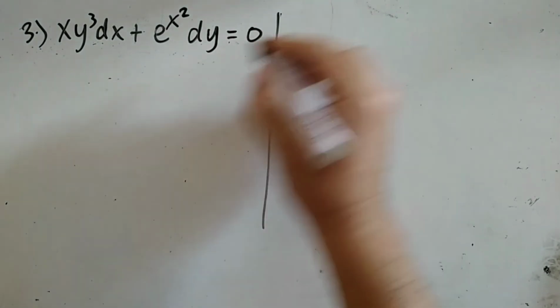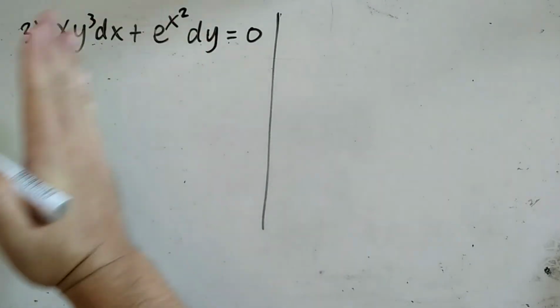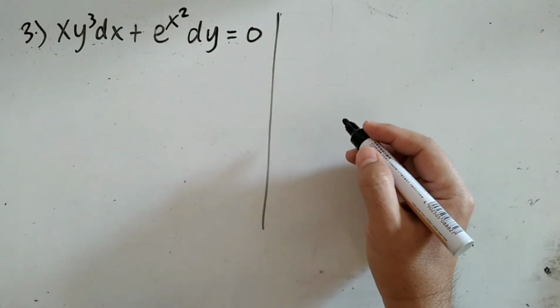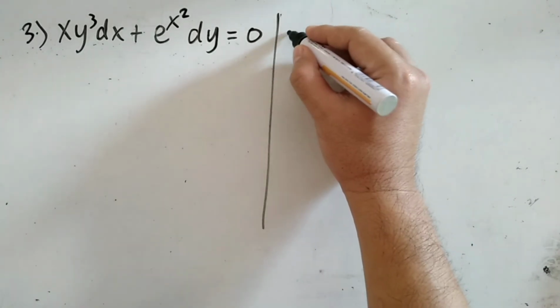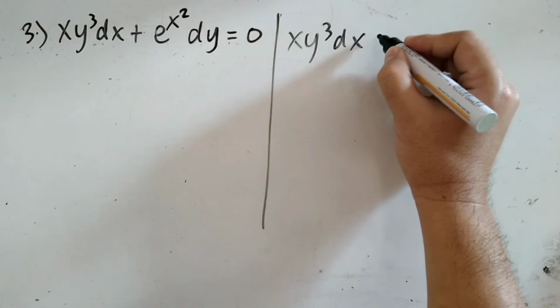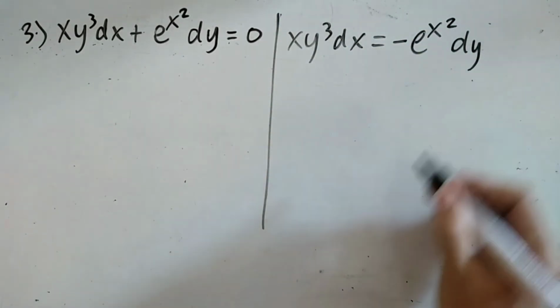Once again, we can have this transposed to the other side, or we can just operate with the two on the left side. So we'll try the two methods. We have xy cubed dx equals negative e to the x squared dy.